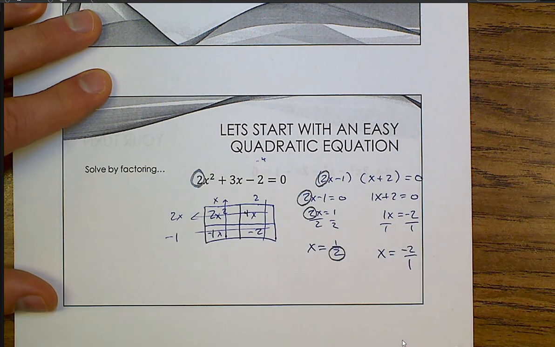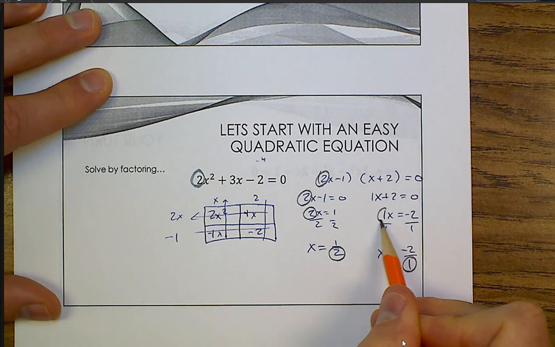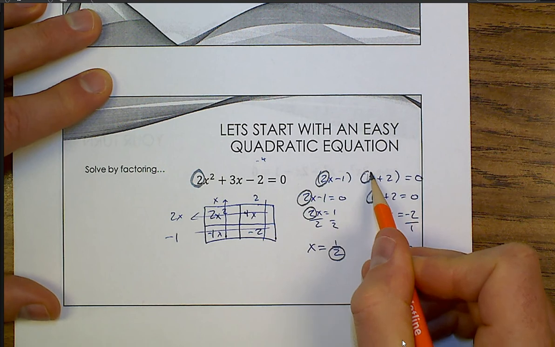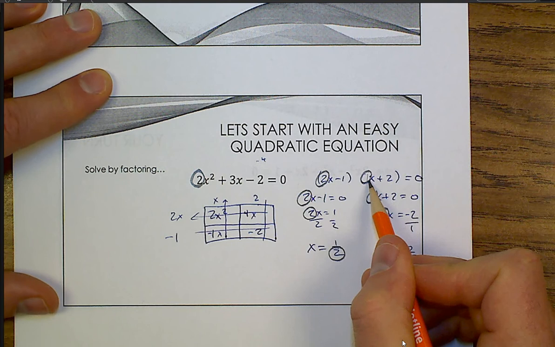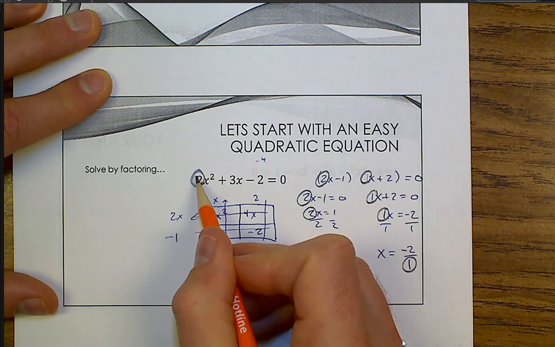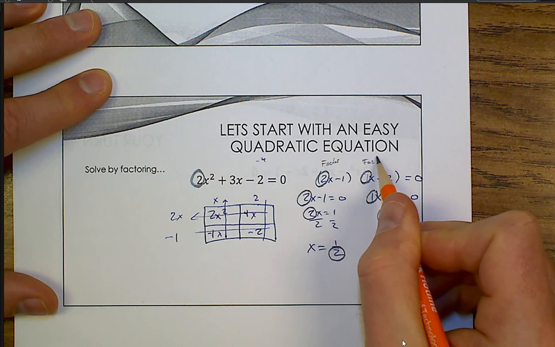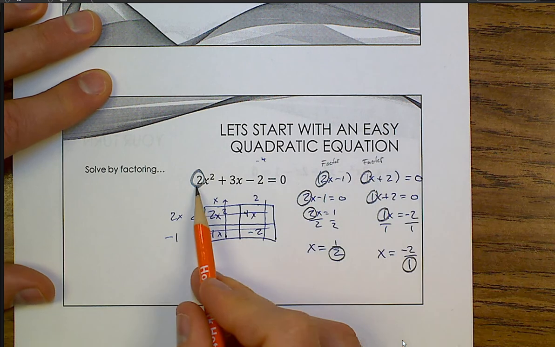Let's look at the denominator in this other answer, 1. Where did that 1 come from? It came from right here, and there's really a 1 in front of the x, and that came from there. That 1 is a factor of our leading coefficient.